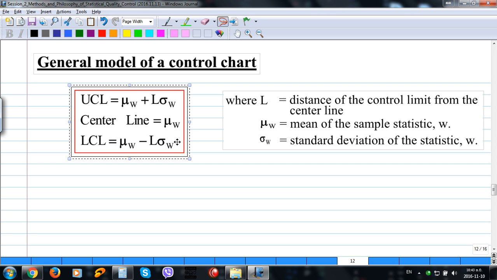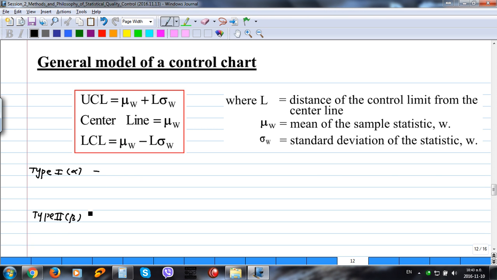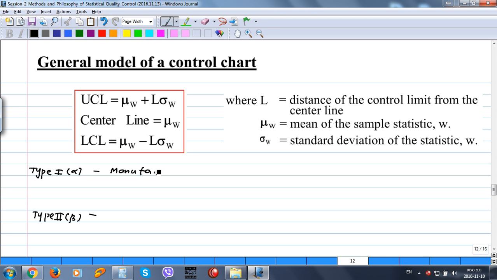Then here we have to talk about some errors. There are two types of errors. One is the type 1 error, which we call the alpha error, and the other is the type 2 error, the beta error. You talked about these in statistical inference also. Type 1 error means the manufacturer's risk. In a factory when we are doing production, sometimes there may be faults, right?